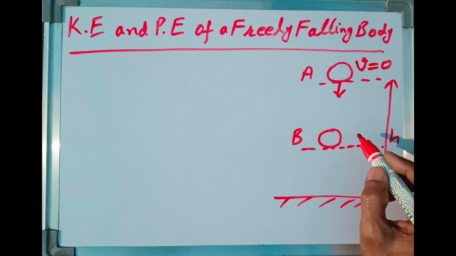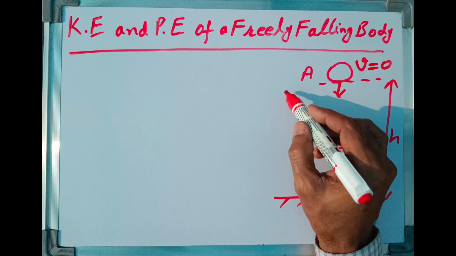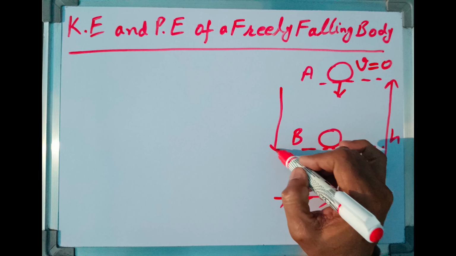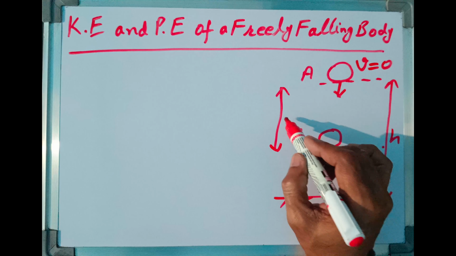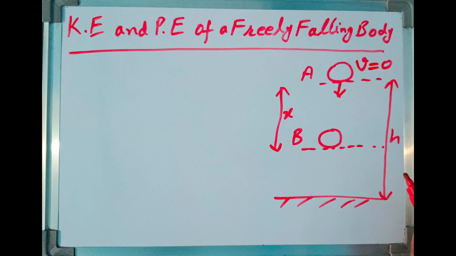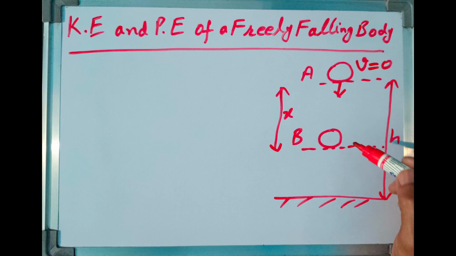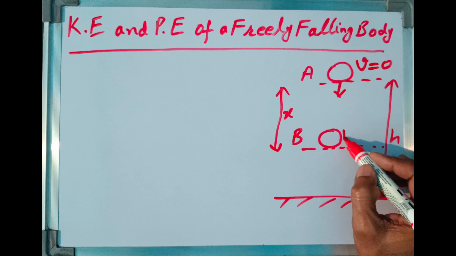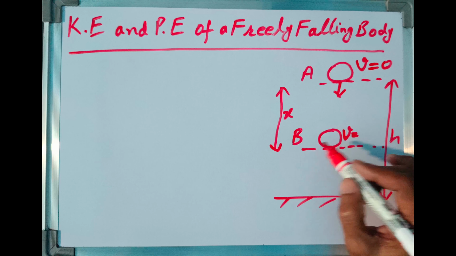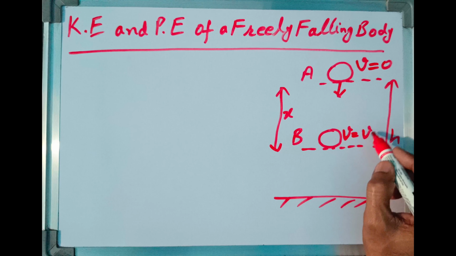When it reaches here, suppose the distance traveled by the body from position A to position B is x. Its velocity will increase from 0 to some new value. Let us suppose speed of the body at this point is v1.